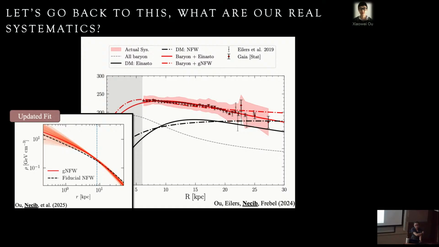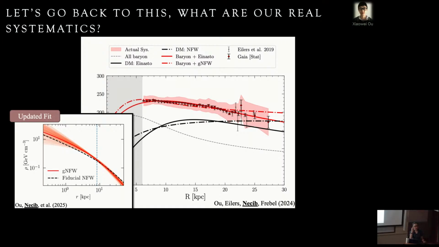Ideally, what I would like to do is use this with the stars. The reason is that with H1, you end up looking at the outer edges and extrapolating in, versus the stars, which are tracers of the inner part. And if they work, you would end up with a more robust statement.